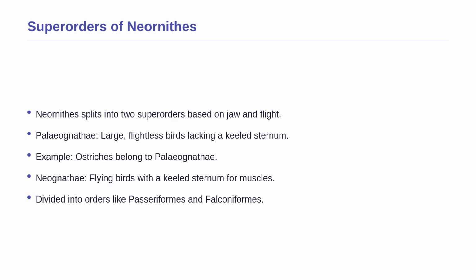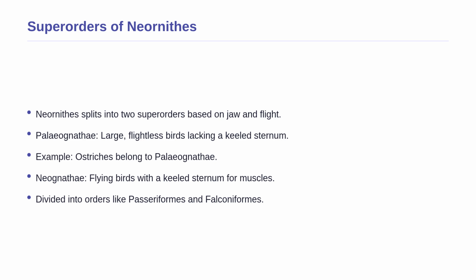Building on the subclass Neornithes, scientists further divide these modern birds into two distinct superorders based on their jaw structure and flight capability. The first is Paleognathae. These are mostly large, flightless birds, like ostriches, that lack a keeled sternum. The sternum is the breastbone, and without a keel, they cannot anchor strong flight muscles.